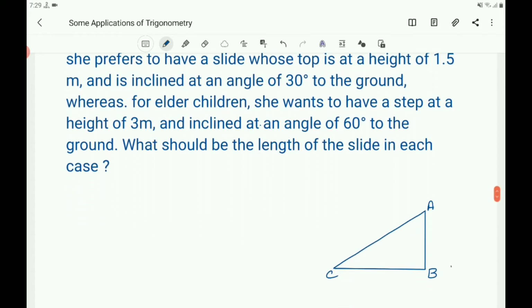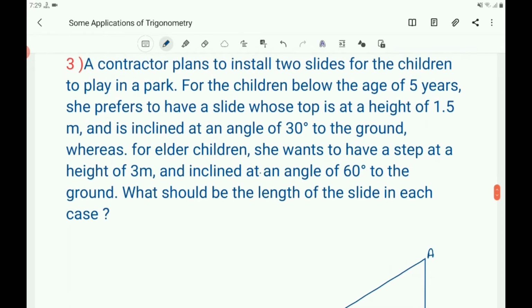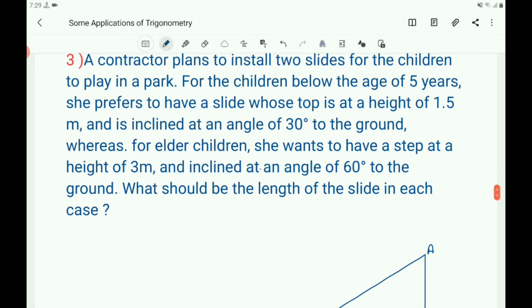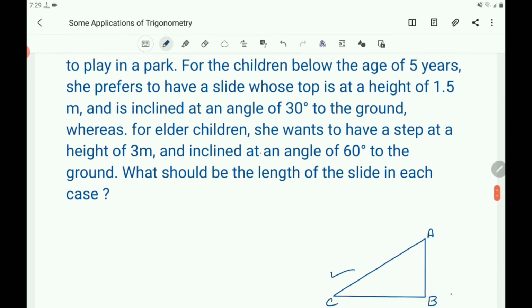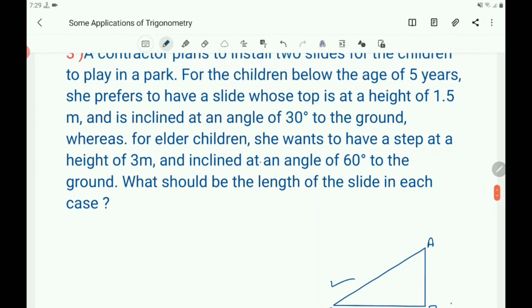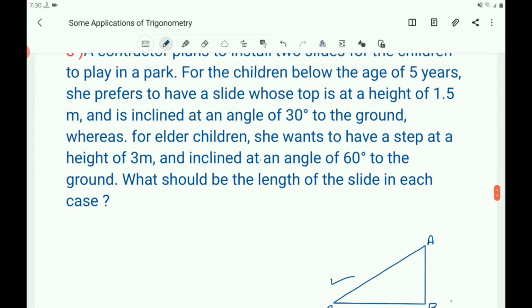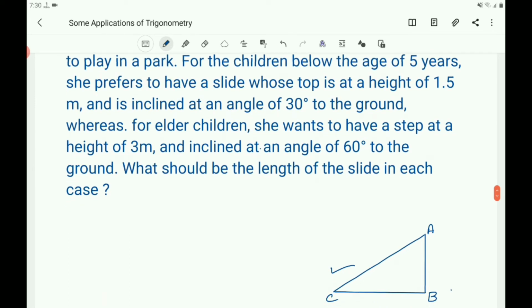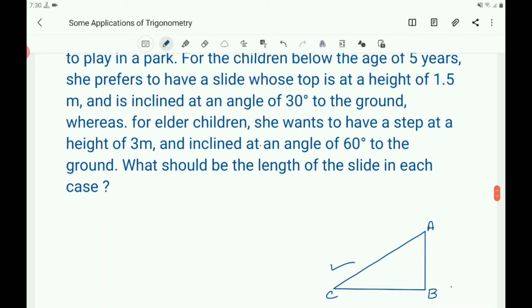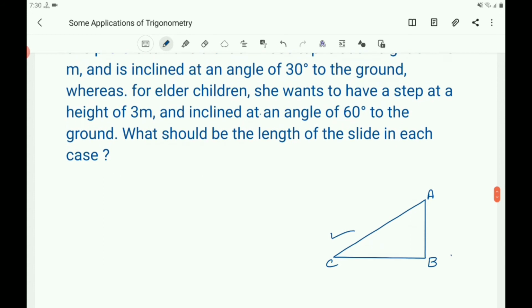In this question, there are 2 cases. One is the slide for the children below the age of 5 years. Now let us have the figure for this case. That is triangle ABC, and the other case is for elder children, a slide at a height of 3 meter and inclined at an angle of 60 degree to the ground.